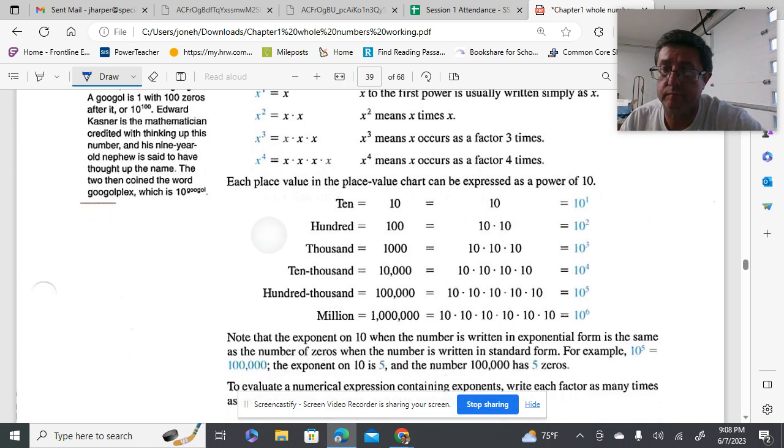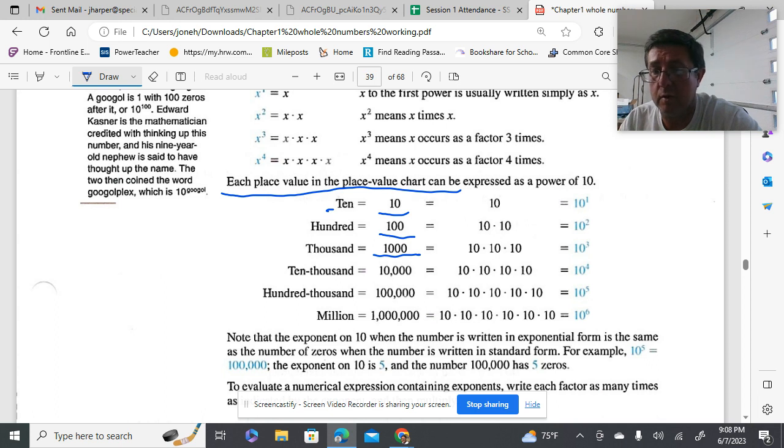Okay. So now here we're using 10 to the powers. So 10 to the power of 1 is 10. 10 squared is hundreds. 10 cubed, to the third power, is called cubed, and equals 1,000.